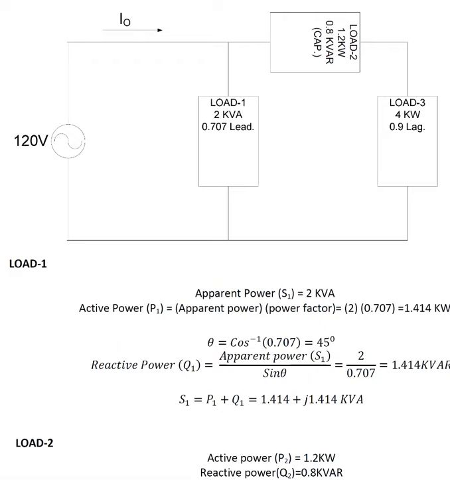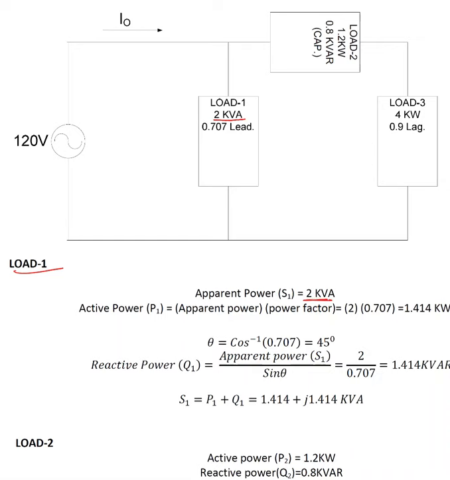Okay, so load 1, the given data: he gave you 2 kVA. So 2 kVA is nothing but the S value. So for load 1, S1 is given as 2 kVA. That's called apparent power. Apparent power is only one real number.